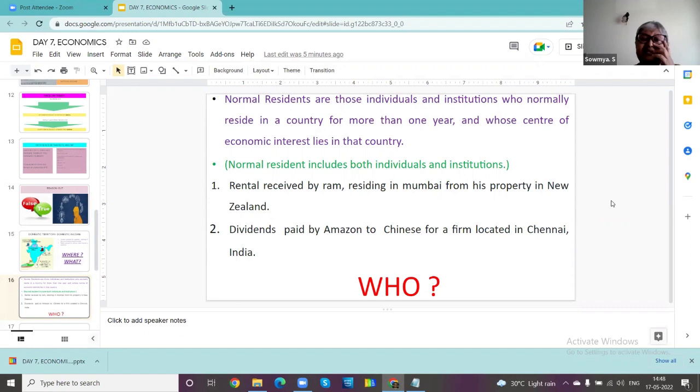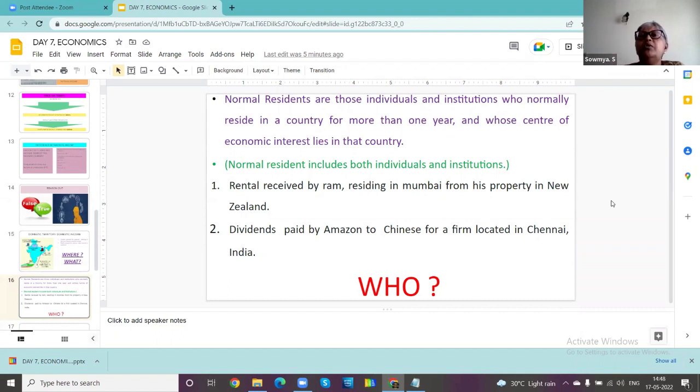What about students? What about tourists? Students and tourists, when they go out of our country, they're going to stay in some other country. They are not normal residents. Why? Because they are not doing all the activities.